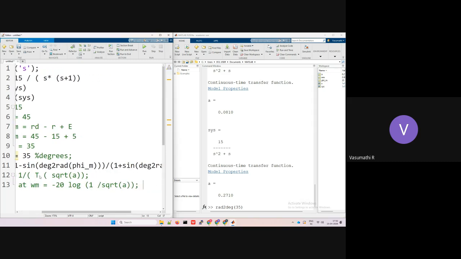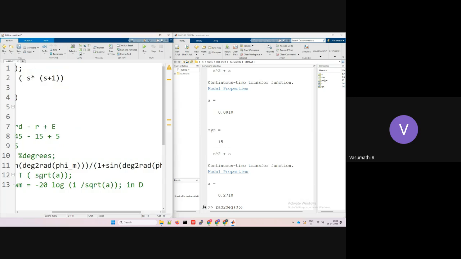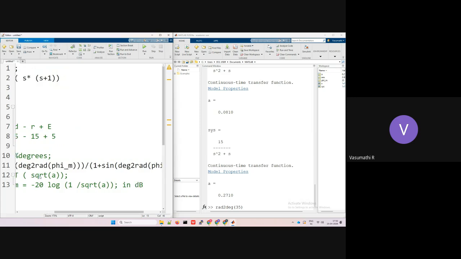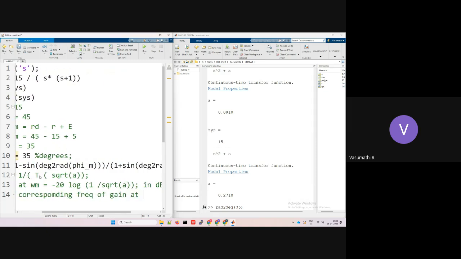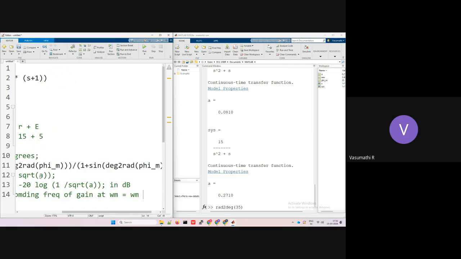This will give you a gain value in decibels, that's in your magnitude. So if you find this magnitude in the Bode plot, you have to find the corresponding frequency. The next step is to find the corresponding frequency of the gain at omega m. That is your actual omega m.